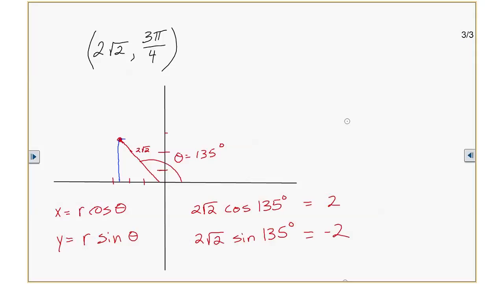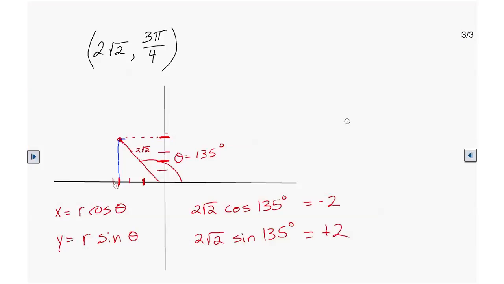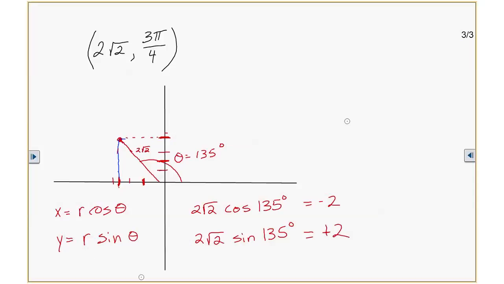So that point, if you were writing it in the Cartesian coordinate system, would be 2 and negative 2. Just don't look at my marks. My marks should be different, and I can't erase it. So 1, 2, 1, 2. So it's a 2 and negative 2. Okay.